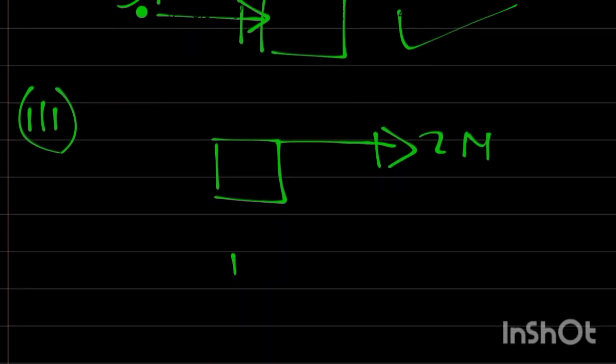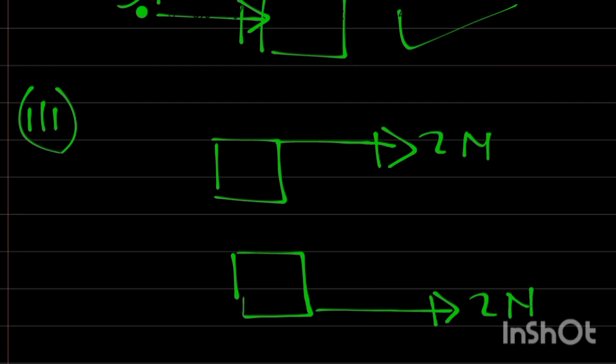I can decide to change the position of this force by bringing it down towards the base. It will still produce the same effect both in magnitude and in direction. Therefore, there's nothing wrong with that. So number three is that a force can be transferred parallel to its line of action.